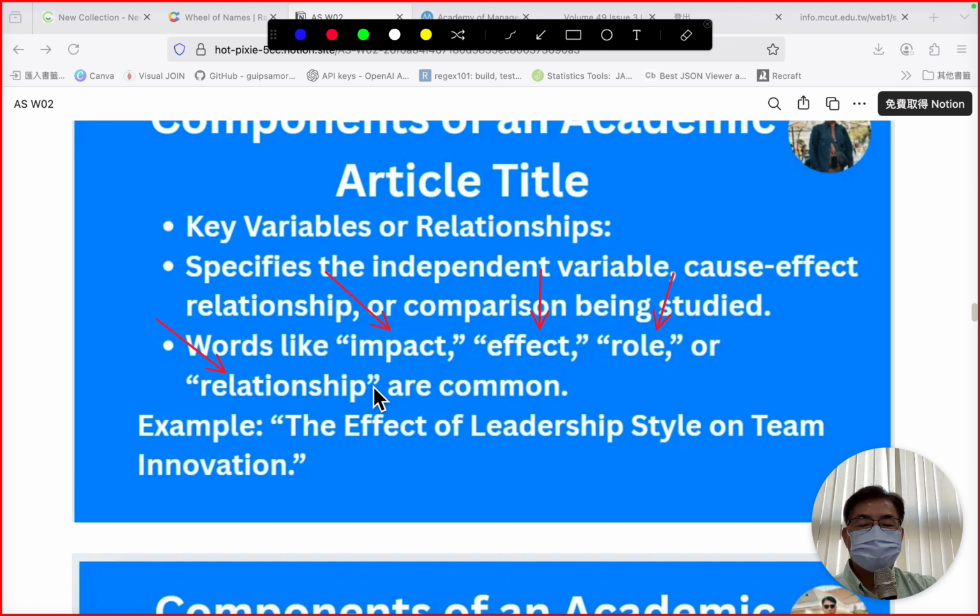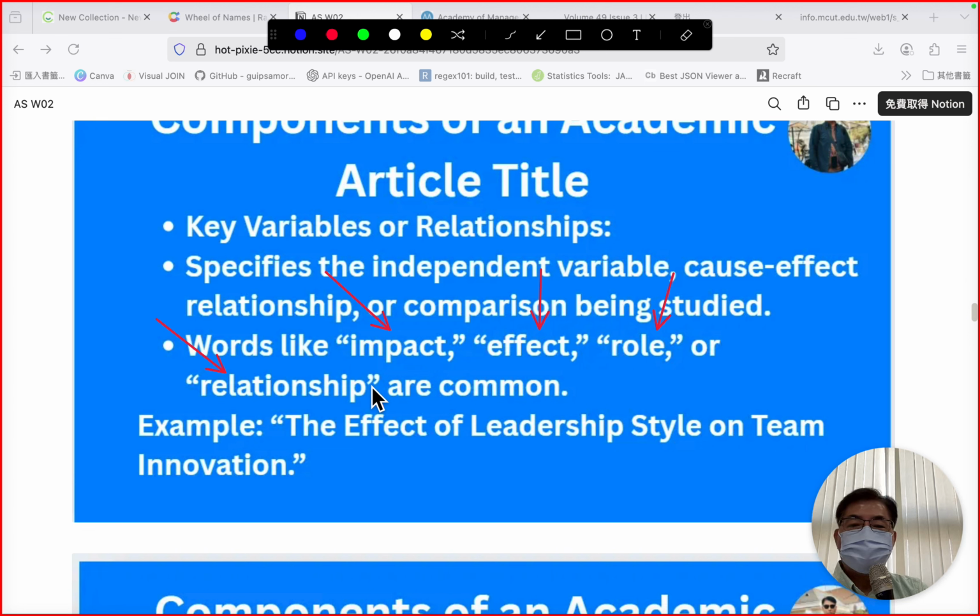Also the relationship. So usually they will appear in the title. So in the future, if you have an article that you want to submit to an international conference, you have to decide what kind of wording I will use in the title.